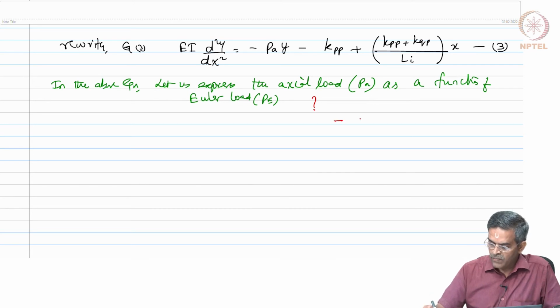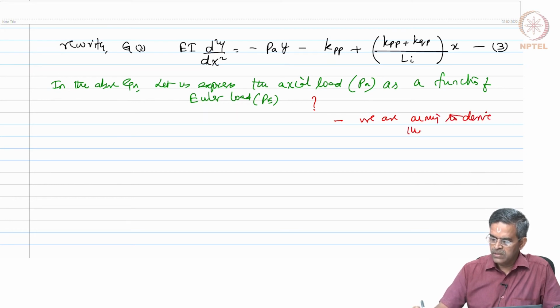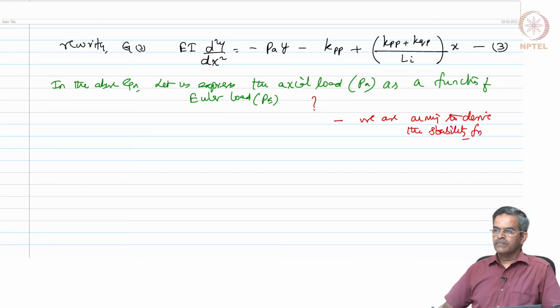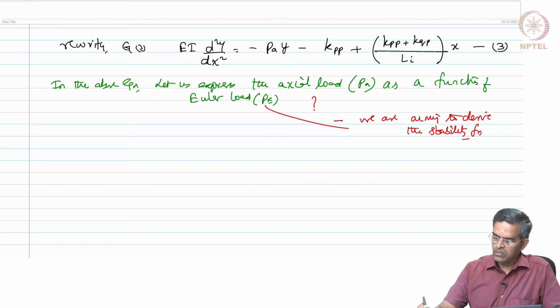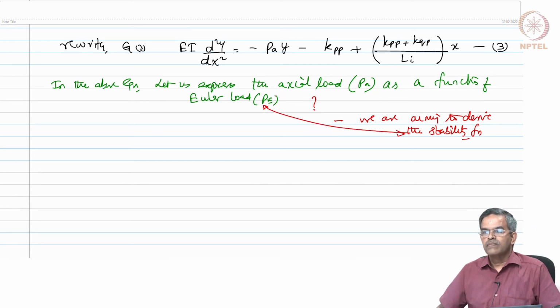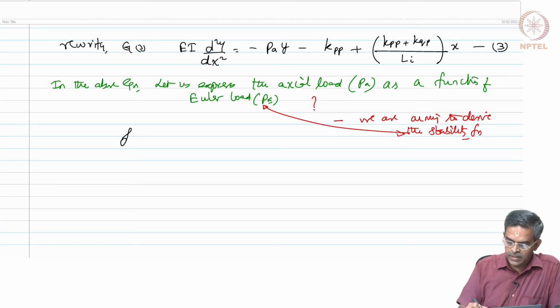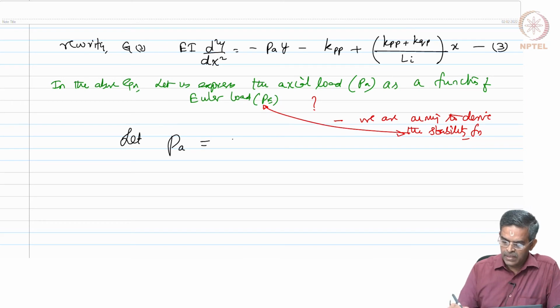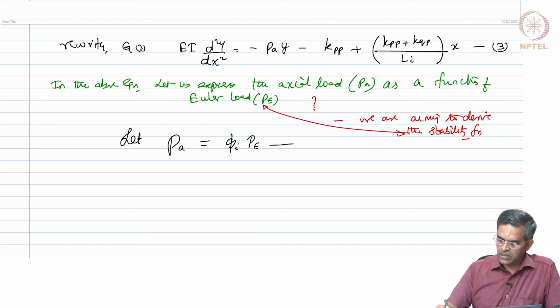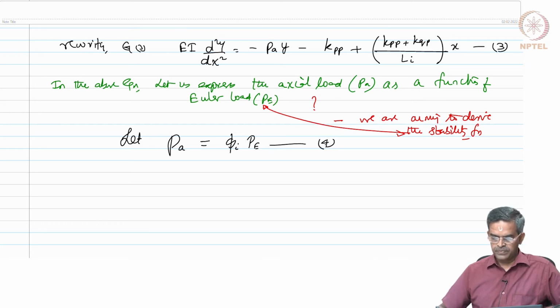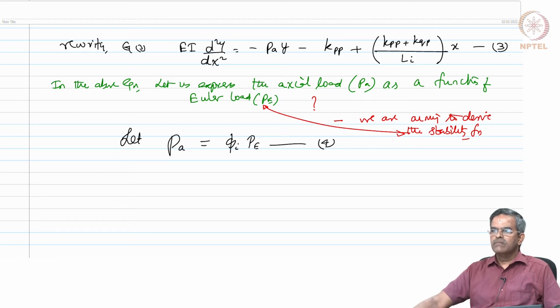Because the answer is we are aiming to derive the stability function. Stability function is related to Euler's load. So, therefore, let PA be expressed as some function of P. Call this equation number 4.